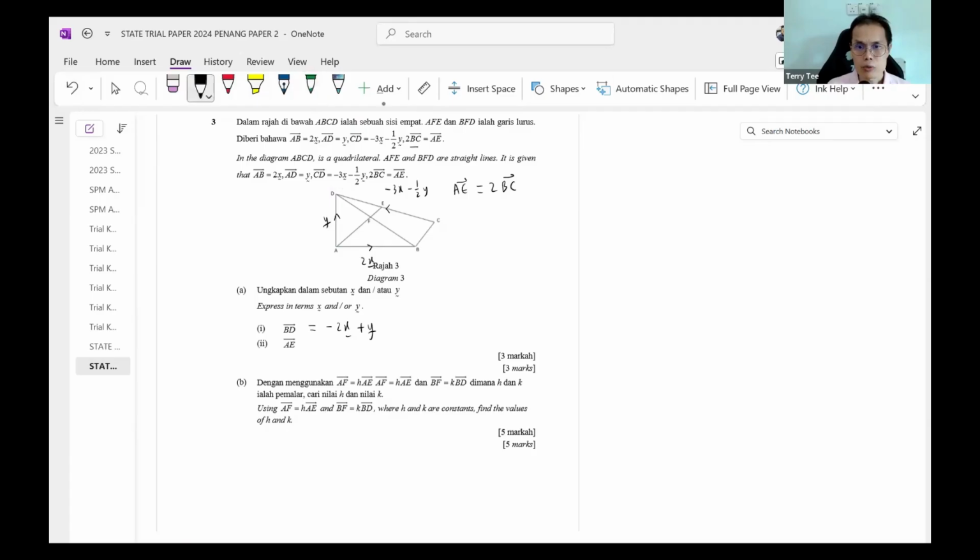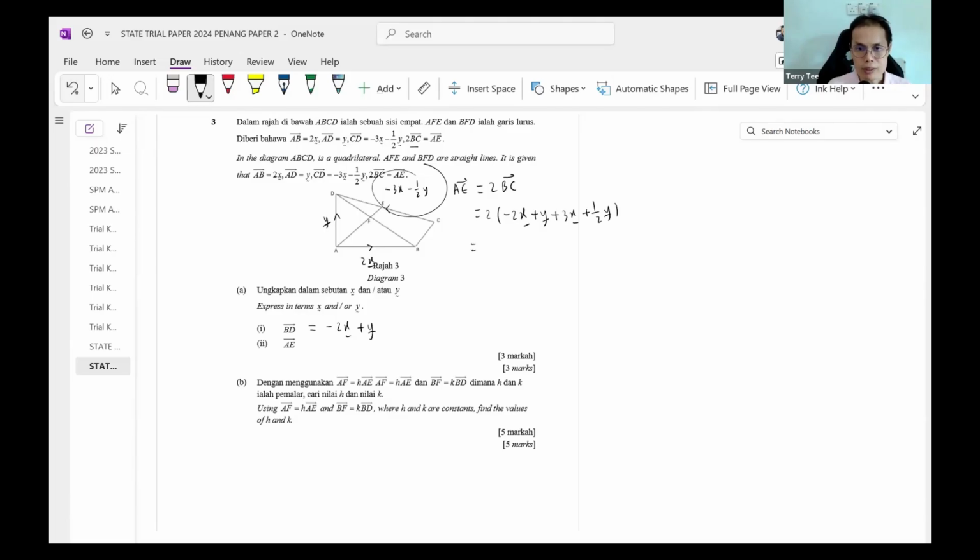I will go B to A, which is minus x, minus because you're going in the opposite direction. A to D, which is y. And D to C is the negative of this, because we're going from C to D, upwards. D to C is the opposite direction, so we're going downwards. So we change the negative to positive 3x, positive half y.